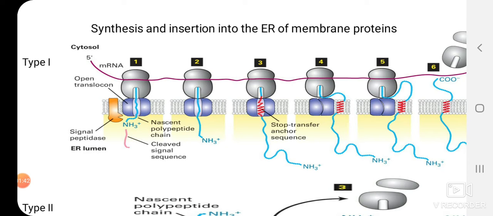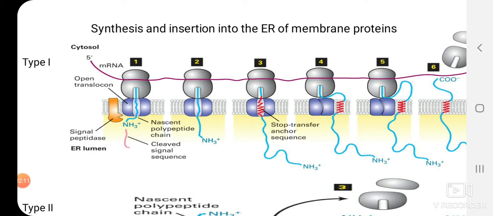So this is going to happen as usual. But during this process of translocation, in the third step, you can see there will be a patch of the polypeptide chain, or I can say a sequence of amino acids, which get synthesized and have very specific characteristics.